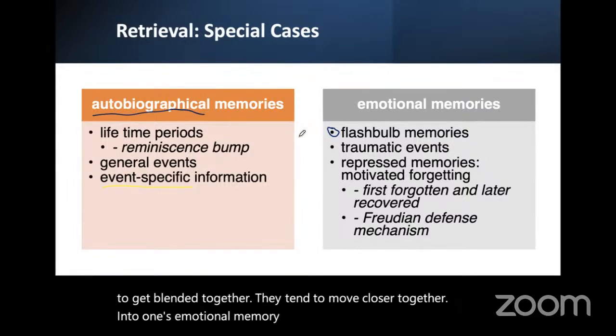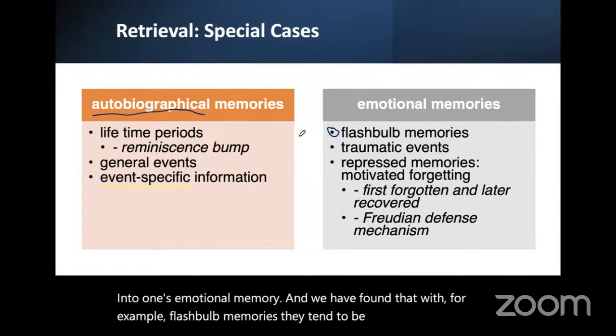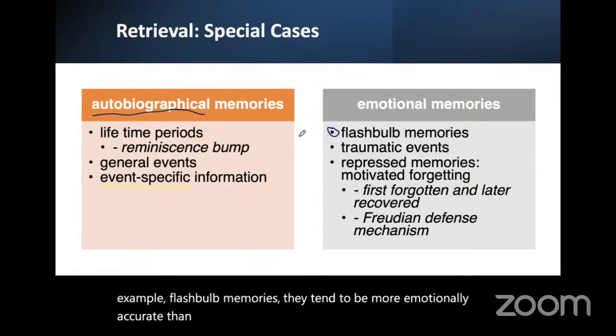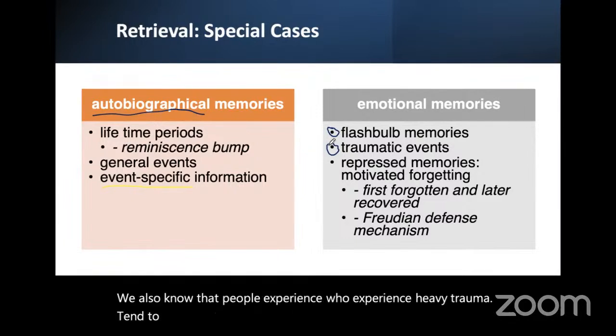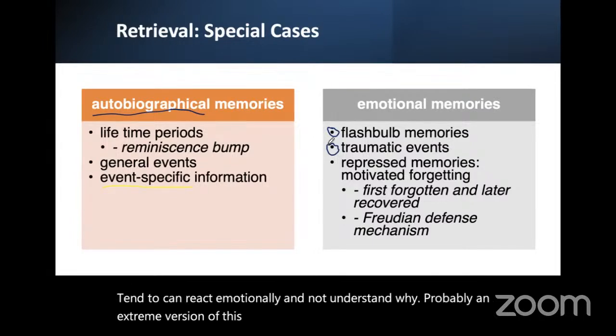And we have found that flashbulb memories tend to be more emotionally accurate than they are recall accurate, okay? We also know that people who experience heavy trauma can react emotionally and not understand why. Probably an extreme version of this is people who have, for example, borderline personality disorder.